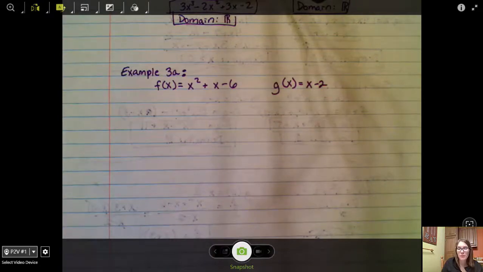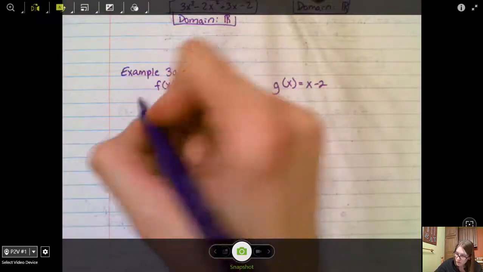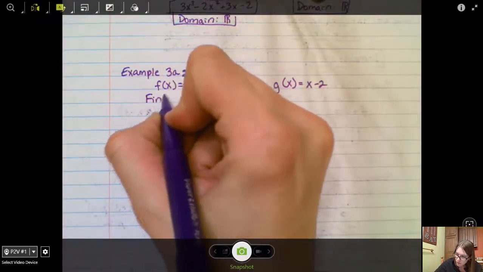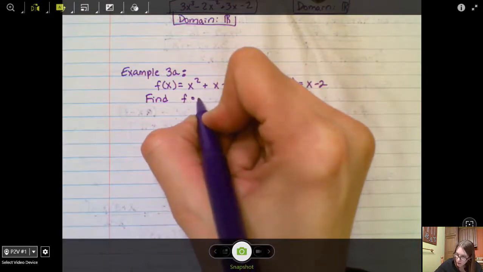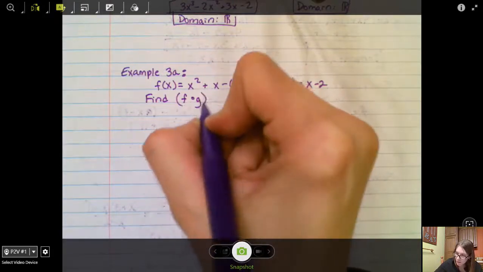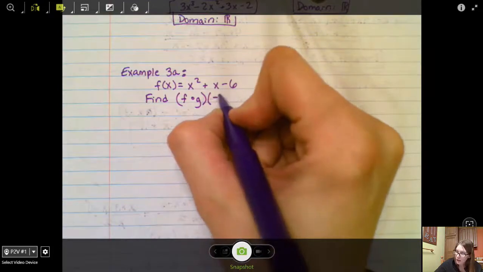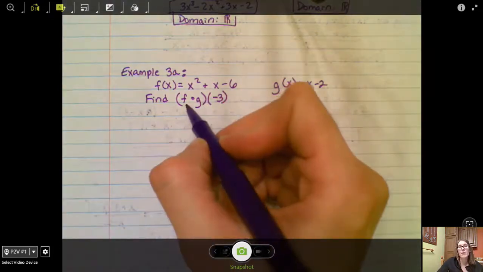Now our symbol for function composition is an open circle. We are going to find f composed with g of -3. Be very, very careful.